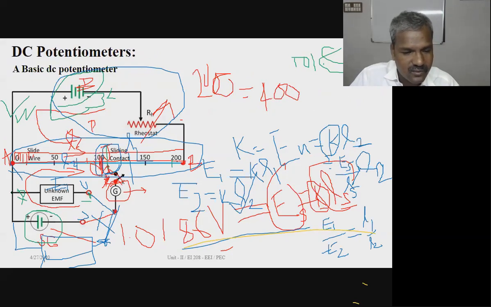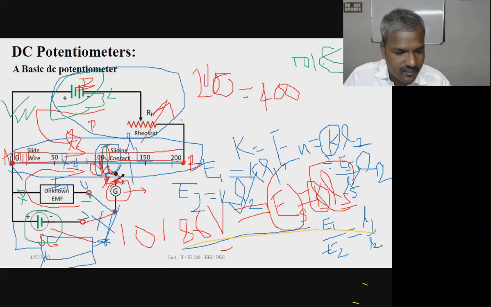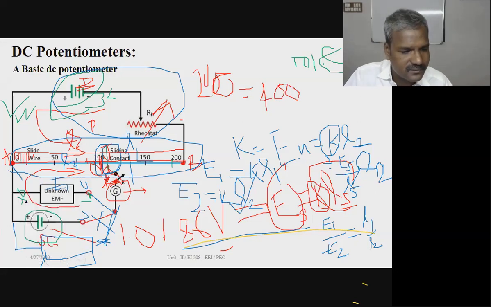From this figure, I am noting these terminals as T1 and T2. I will mark them in different colors. This is T1, which is positive, and this terminal is T2.